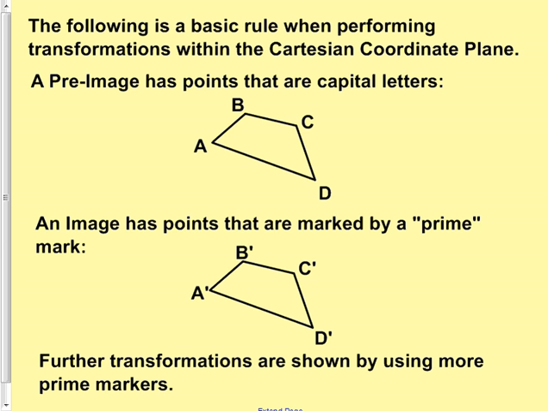They have been transformed in some way. And then if more transformations happen, they will use more and more prime markers like double prime, triple prime, and so on.